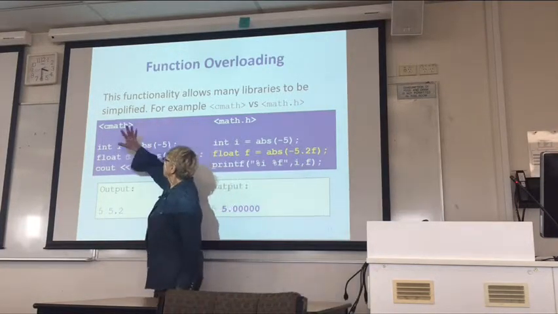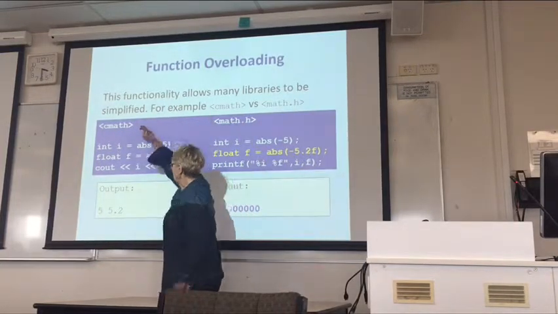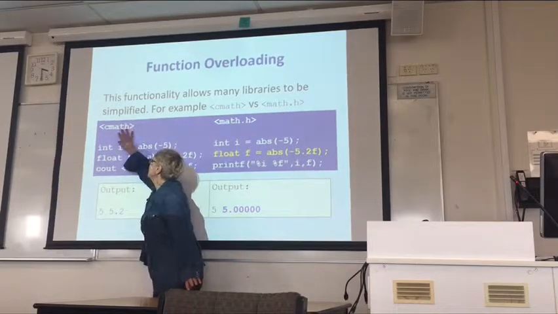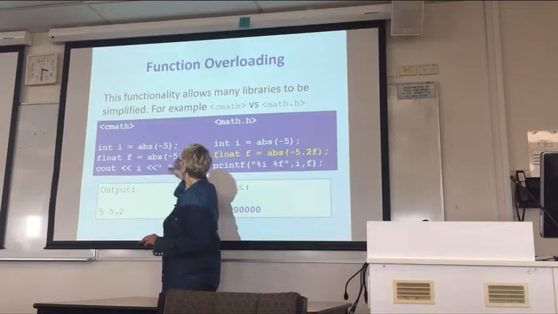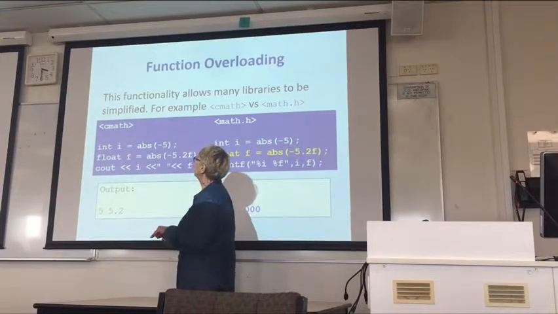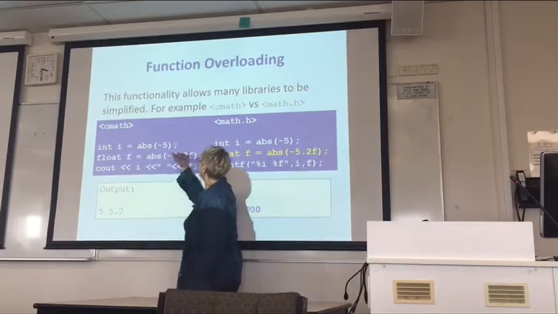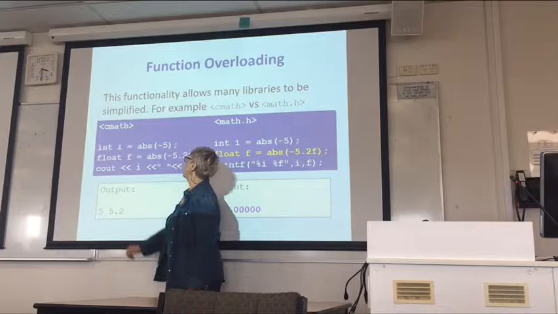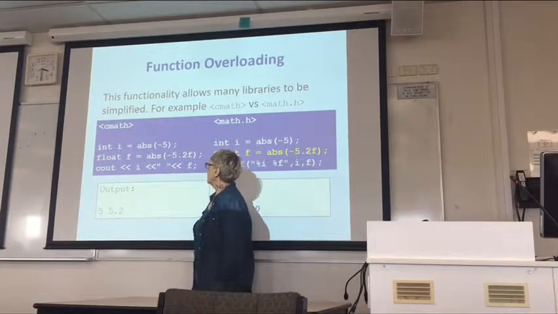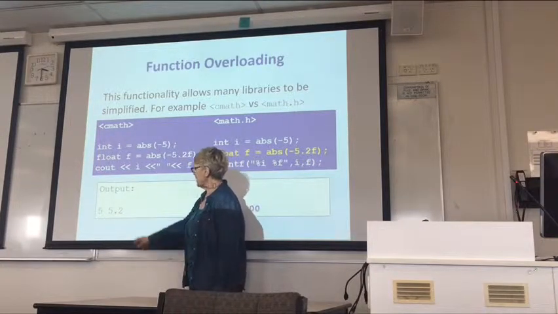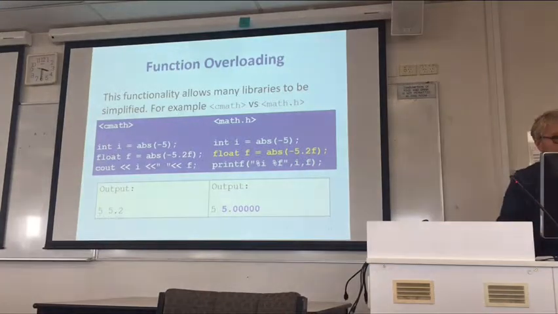While in C++, as soon as you include the proper file, remember, this is not acceptable in C++, this is, then we can use the absolute function because of overloading. This returns an integer, this returns a float value, because absolute is overloaded for int, for float, for other numerical types, and therefore you get the correct value for this.